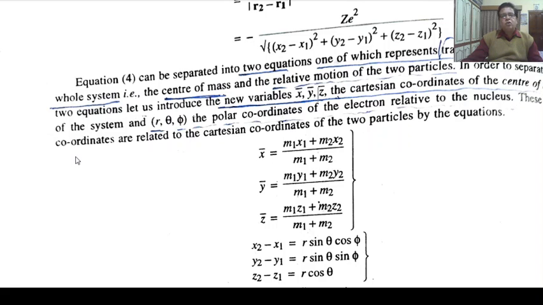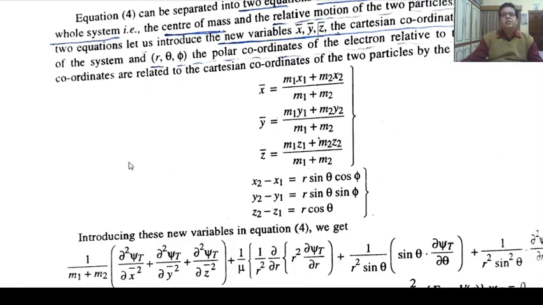These new coordinates are related to the Cartesian coordinates of the two particles by the equations x bar equal to m1 x1 plus m2 x2 upon m1 plus m2.